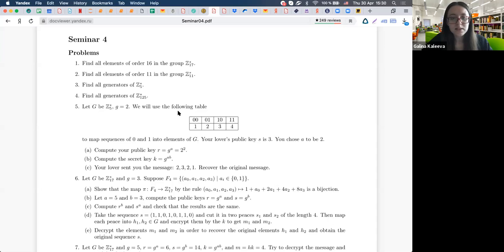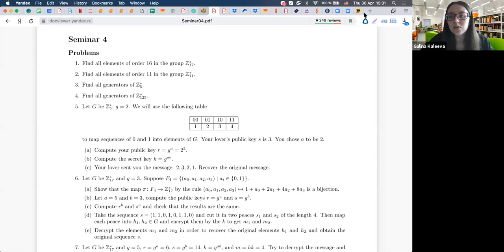Let's consider the first problem where we have Z17 star. We need to find all the elements of order 16 in this group Z17 star. What do we need to find?